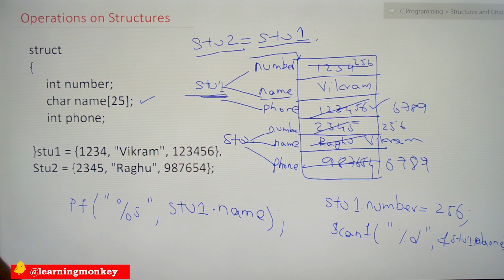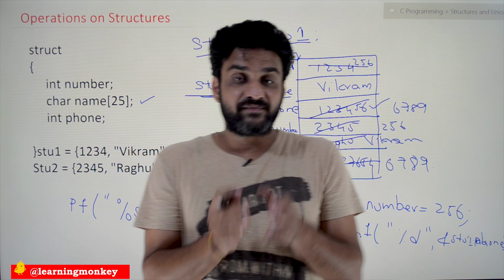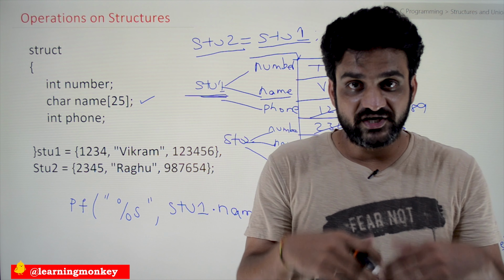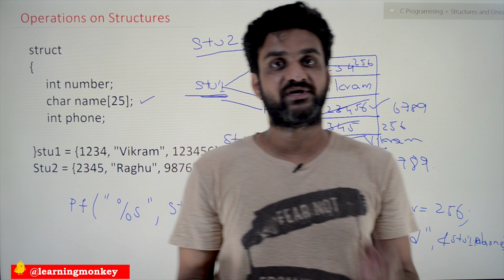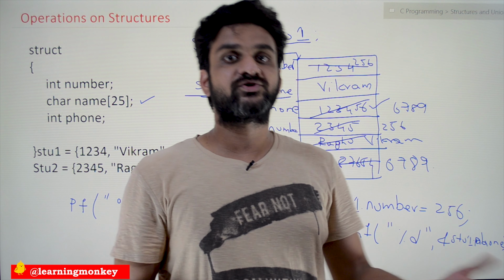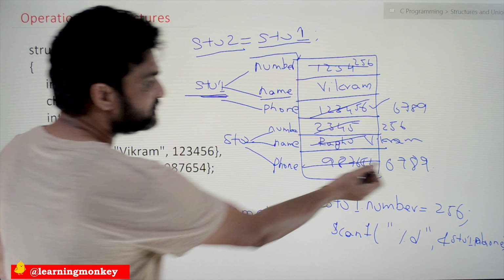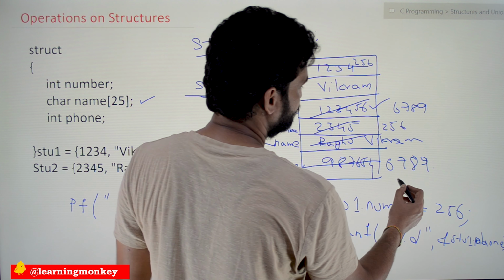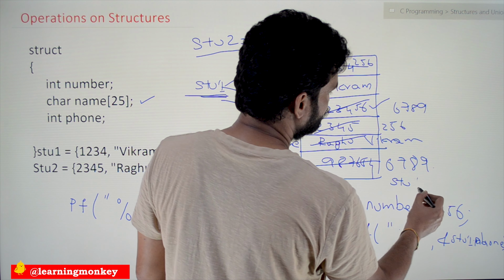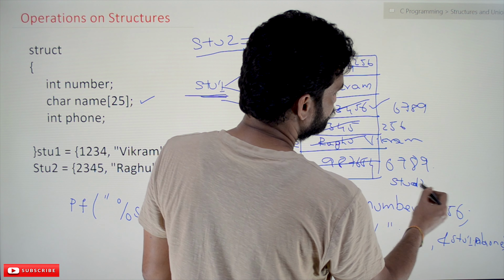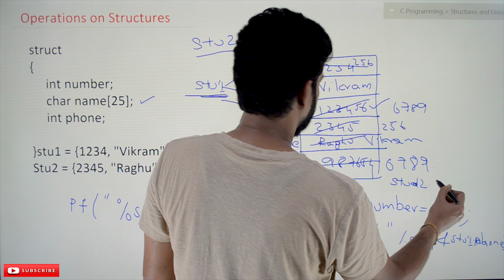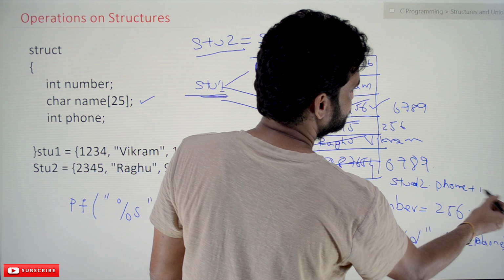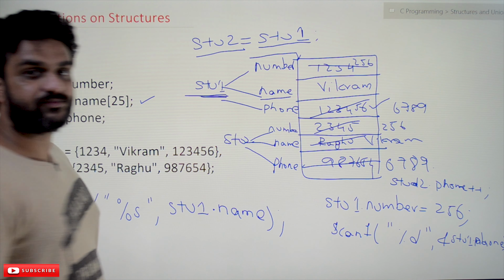So this is how the members of the structure variables can be accessed, and different types of operations can be performed, like arithmetic operations. For example, if you want to increment this phone number by 1, it is stu2 dot phone plus plus. These arithmetic operations are also possible.